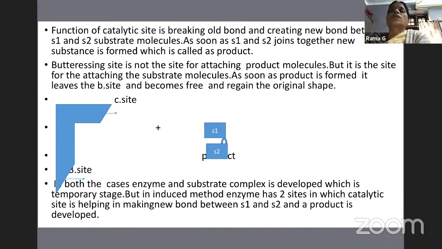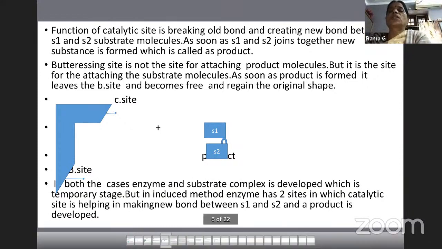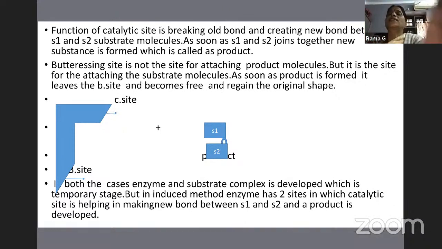That means the attachment of the substrate molecules to the buttressing site and the conformational change of the catalytic site result in the formation of the enzyme substrate complex. But afterwards, the substrate molecules dissociate or detach from the buttressing site, and they come out with the new bond between them, and give a product.